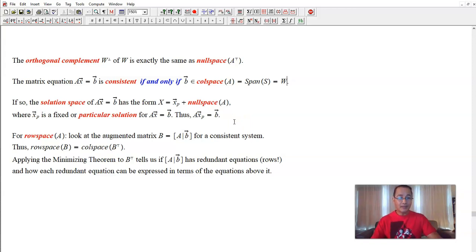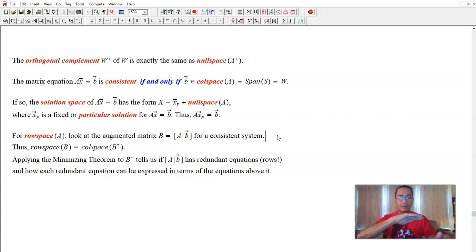Finally, for the row space, that's why we talked about dependent systems of equations. Okay? Instead of looking at the row space of A directly, look at the augmented matrix where we call it B. It's A on the left and our vector B on the right side. And let's assume it's a consistent system. So the row space of this augmented matrix is the column space of the transpose. So what did we do in our last example?